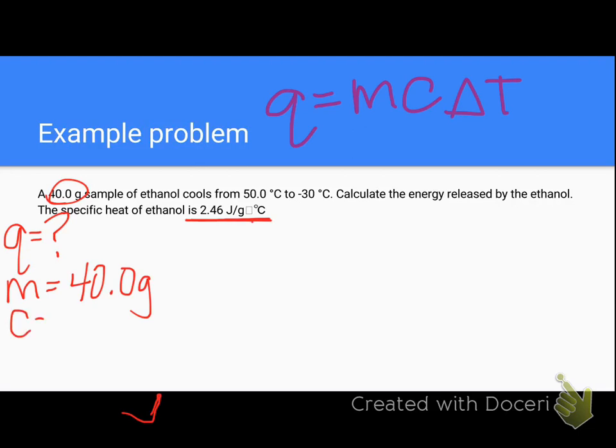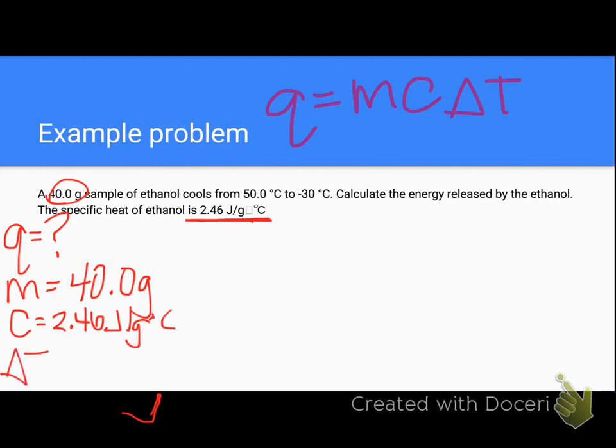So this is for ethanol, so my value is not the same. Remember that chart where your values for your specific heats are different for every substance. So that is going to need to be provided for you depending on what the substance is. So my C for ethanol is 2.46 joules per gram degrees Celsius.